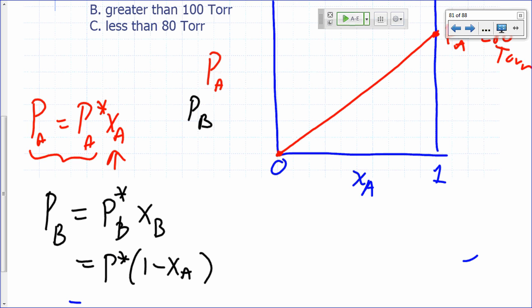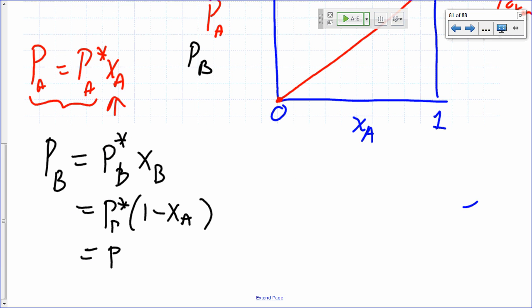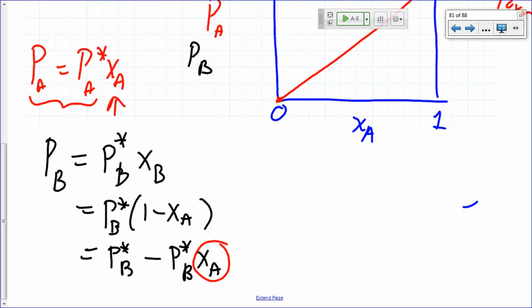Remember, XB is 1 minus XA. Mole fractions add up to 1. So that's equal to P star B minus P star B XA.